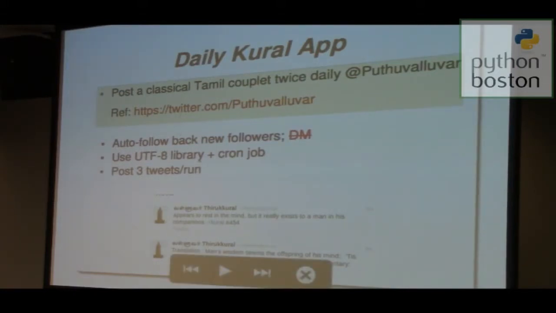It would grab a random couplet along with its English translation and commentary and post it once every 12 hours, so twice a day. This is set up as a cron job and it's been going on for a while. This is an interesting experiment in learning the Python Twitter.